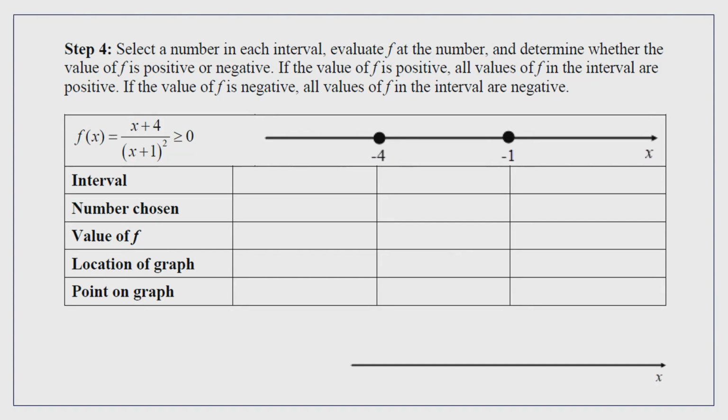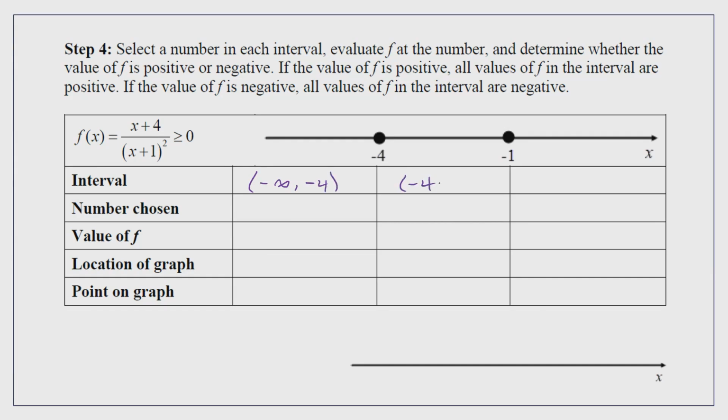So let's now complete step 4, where we will select a number in each of these intervals, evaluate f at the number, and determine whether f is positive or negative. If the value of f is positive, then all values of f in the interval are positive. If the value of f is negative, then all values of f in the interval are negative. So we know our 3 intervals. We have negative infinity to negative 4.